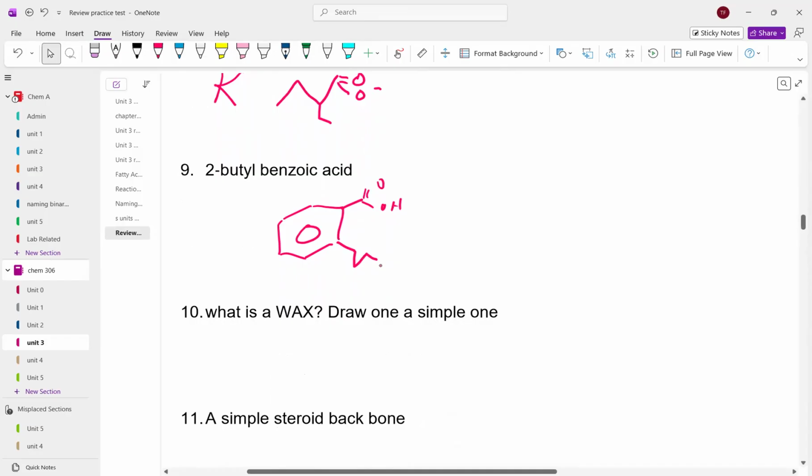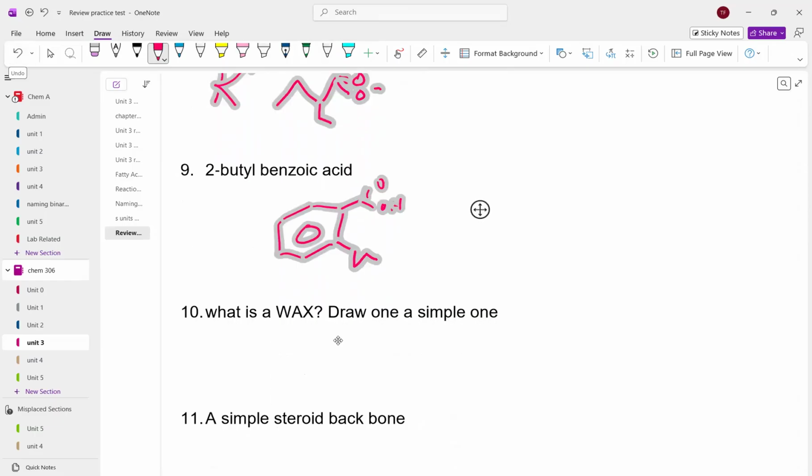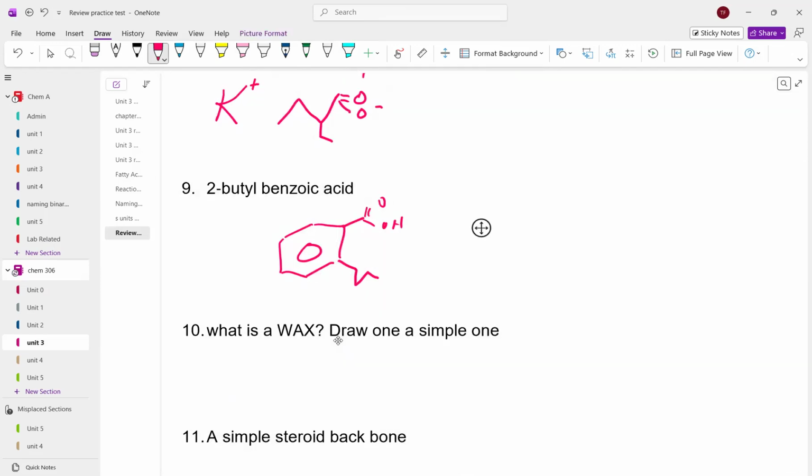What's a wax? So it's a simple ester with a long alcohol bonded to a long acid.